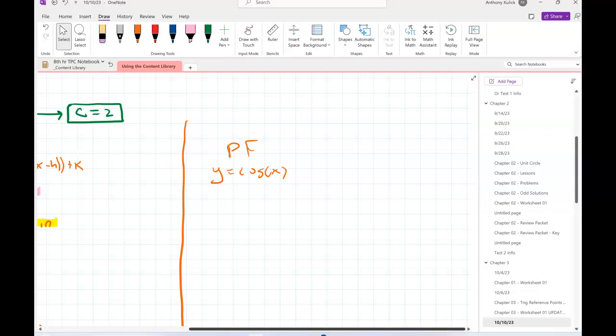Okay. Whenever I use a cosine as my parent function, I'm going to choose to use the point 0, 1. If we remember what the graph of cosine looks like, 0, 1 is a maximum.